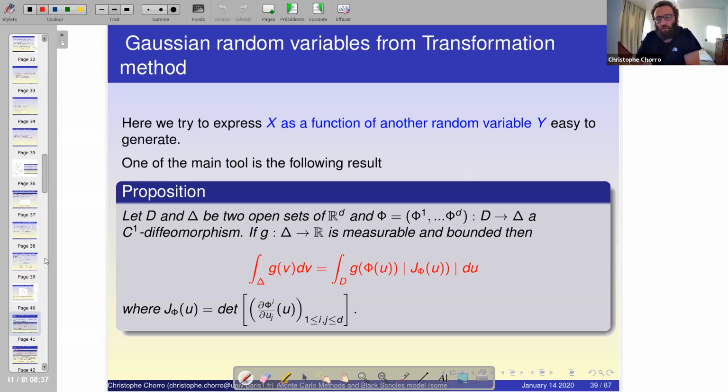Let me just remind you, I won't say anything about this theorem because you know it: it's the change of variable theorem.